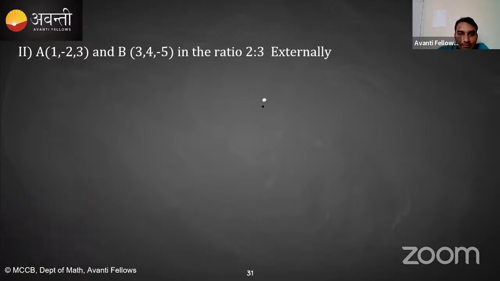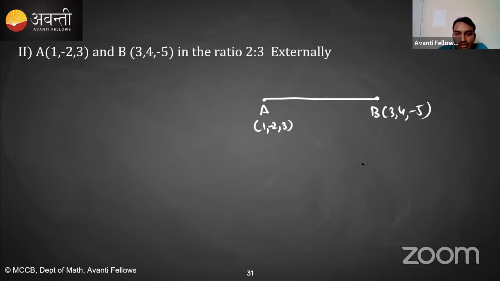Let's suppose this is point A, (1, -2, 3), and this is point B, (3, 4, -5). The question says AP upon BP is 2 by 3, which is less than 1. So AP is less than BP, which means point P is near to A only.